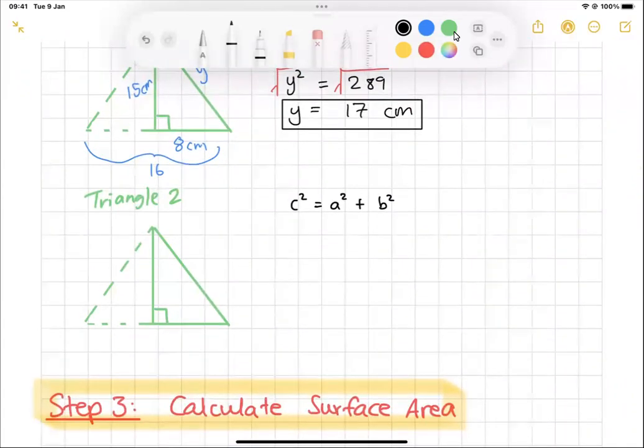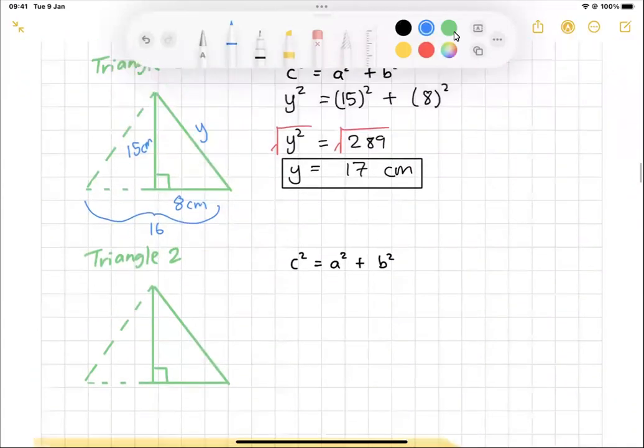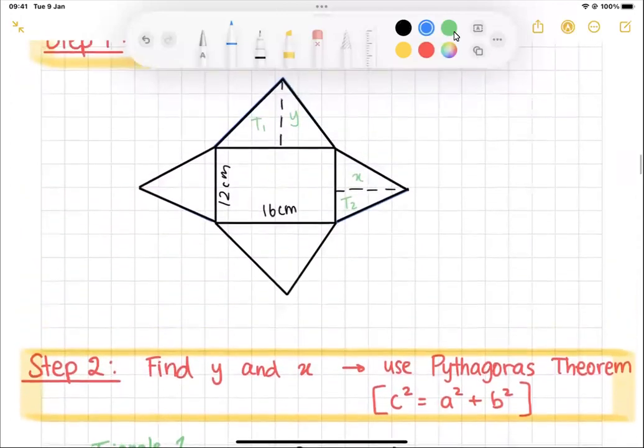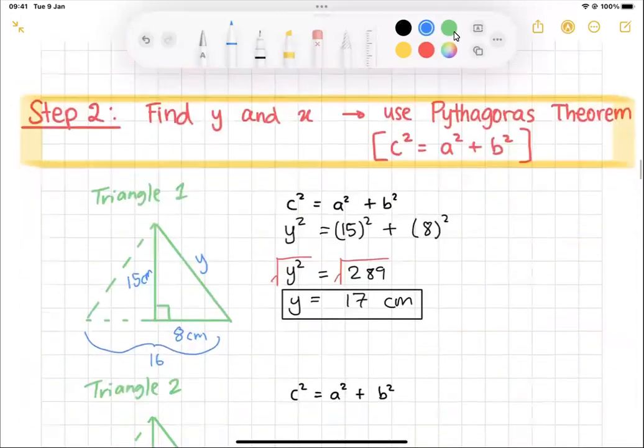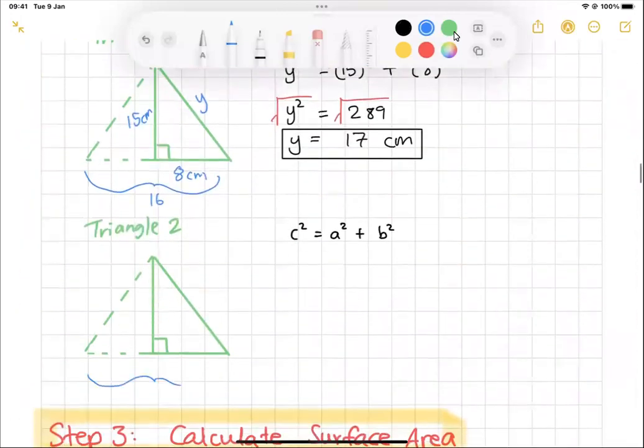Let's do the exact same thing, right? Looking at our net, T2 is the length of 12. Half of 12 is 6. Use the exact same method that we used in T1. We're going to use our perpendicular height because that's the only thing that we know. We don't know the slant height.